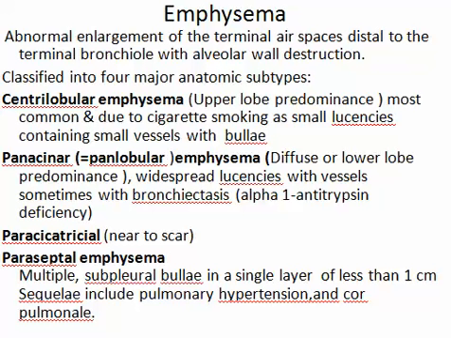Quickly we will revise: centrilobular, upper lobe, smoker related; pan-acinar or pan-lobular, diffuse, mid and lower with bronchiectasis; cicatricial, near to fibrosis; paraseptal, mainly subpleural bullae of less than 1 centimeter in diameter.